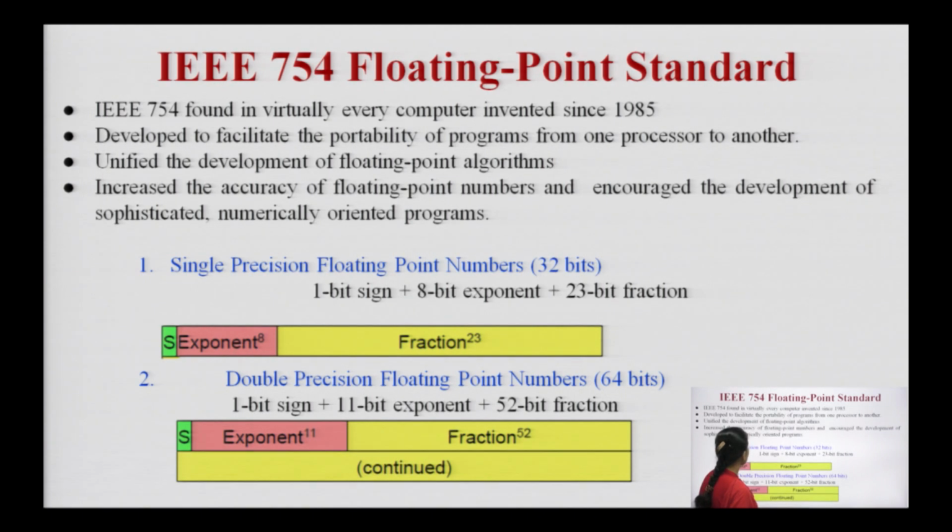Then there is a standard for representing floating point numbers. That standard was given by IEEE in 1985 and is named IEEE 754. They developed it to facilitate the portability of programs from one processor to another. Otherwise, in one computer the numbers were in one form, and in another computer they were represented in another form, and it was very difficult to represent them and to perform any operations on them.